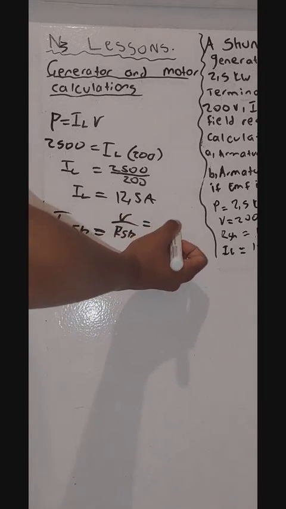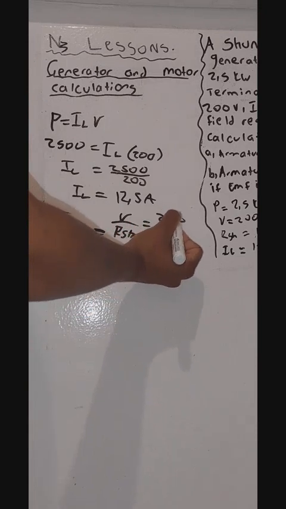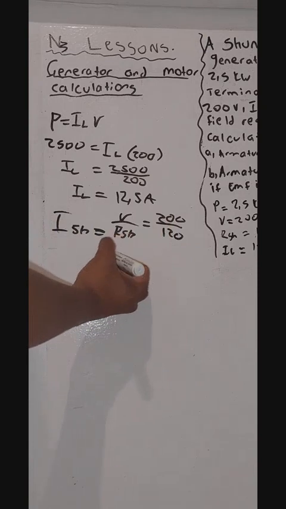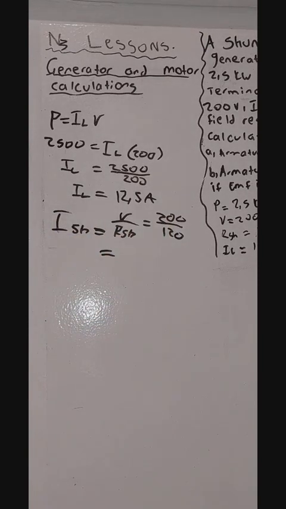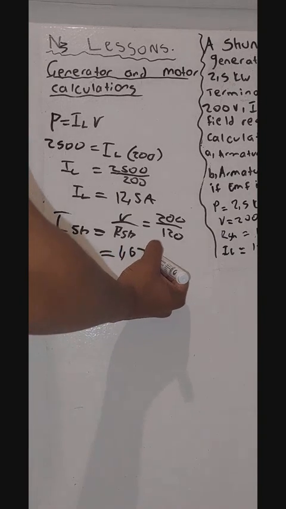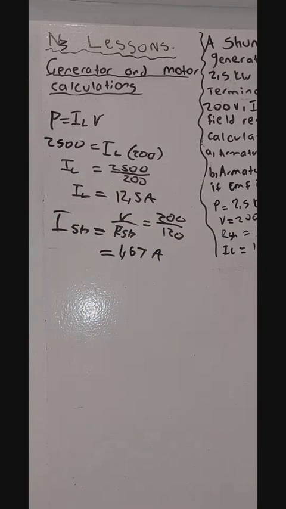Yes, we are given voltage. Voltage is 200 over R shunt, which is 120. 200 over 120, I get it to be 1,67 ampere.